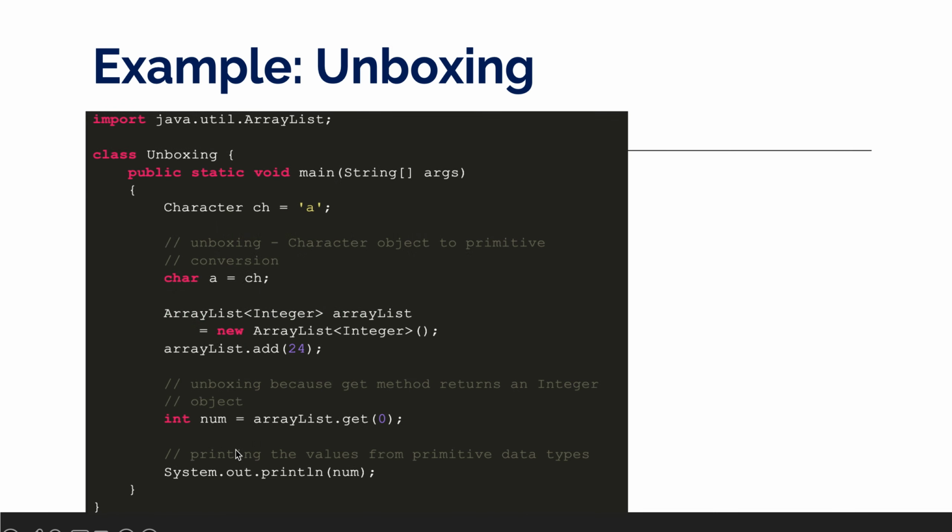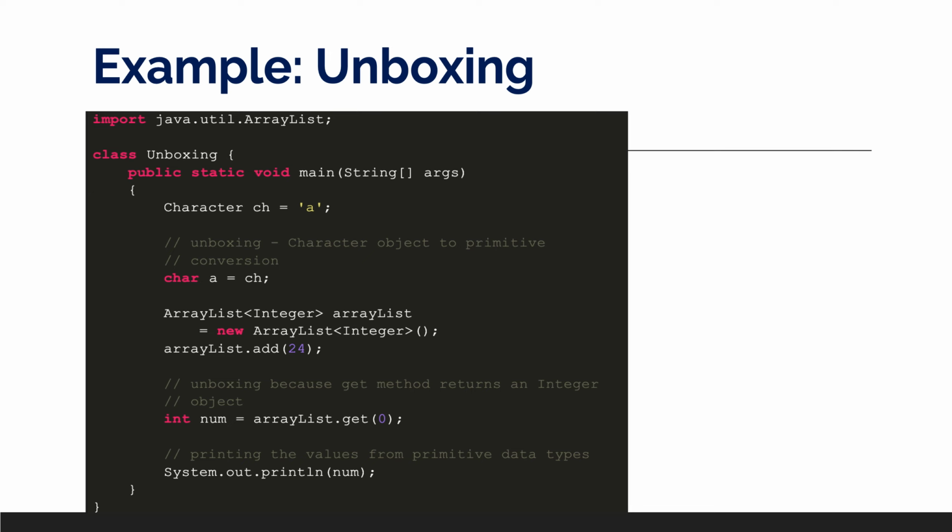Okay, let's see another example for unboxing. Let's say we have a wrapper object Character ch equal to some value, and we assign this variable to the primitive data type, then automatically character object to primitive conversion will happen, and this is called unboxing.